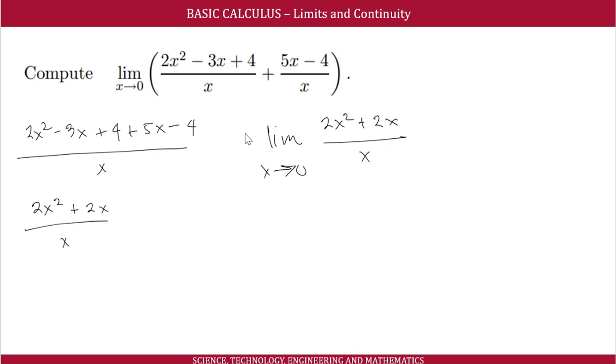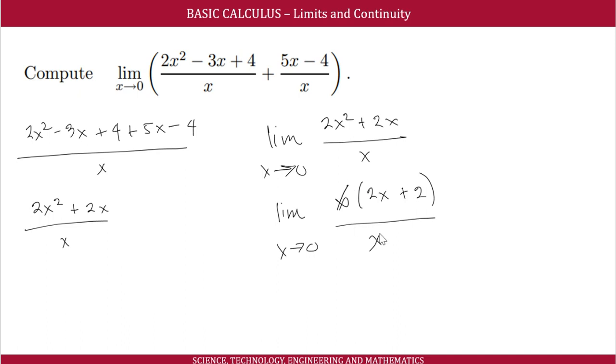If we do substitution here, the result will be indeterminate. Then we can factor out the numerator, and that will be equal to x times 2x plus 2 all over x as x approaches 0, because x times 2x is 2x squared, x times 2 is 2x.